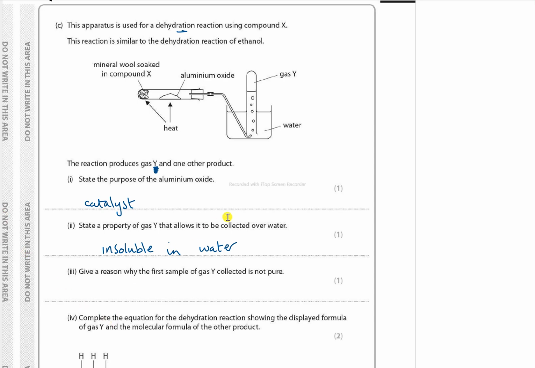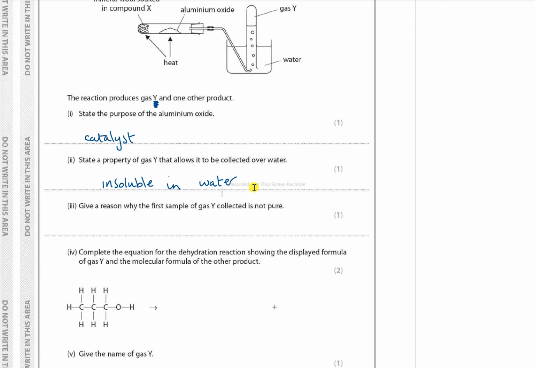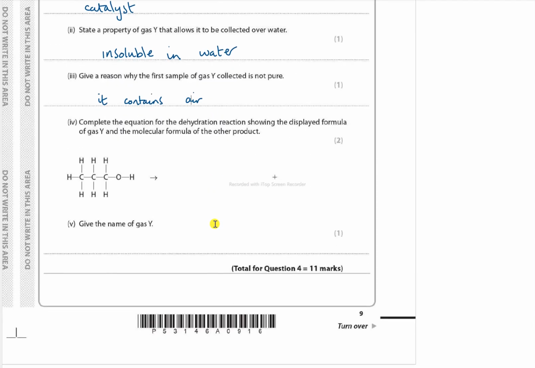Okay, give a reason why the first sample of gas is not pure. Right, the reason it's not pure is because you've got air in here. When that goes across, the test tube initially contains a mixture of air.